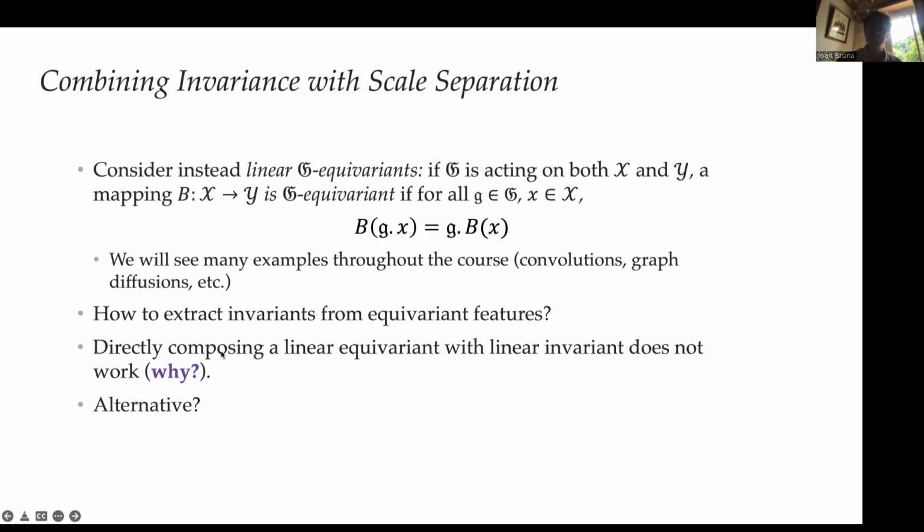Well, you can already see the answer. It doesn't help. Why do you think it doesn't help? The goal here is to build more invariants, and I suggested maybe we can look at equivariants. So if I take one mapping that is equivariant with G and linear, and I compose it with a linear invariant, the group average, do I get something new, a new invariant that we didn't have before?